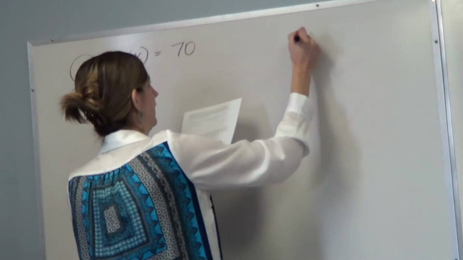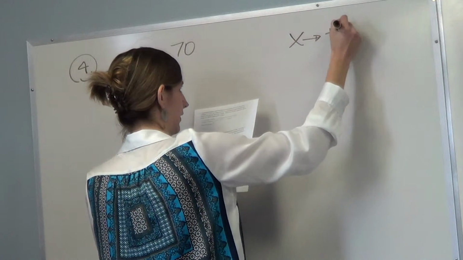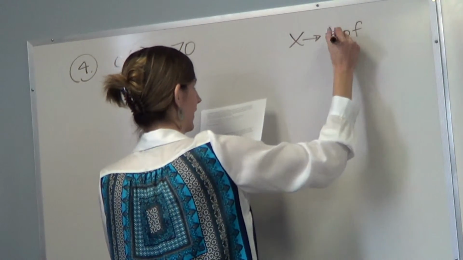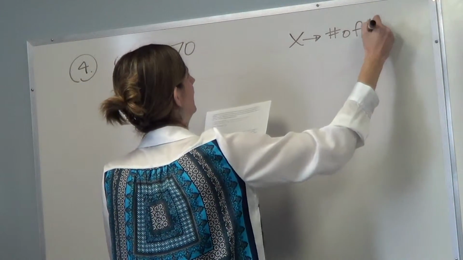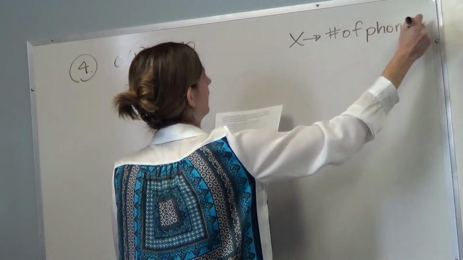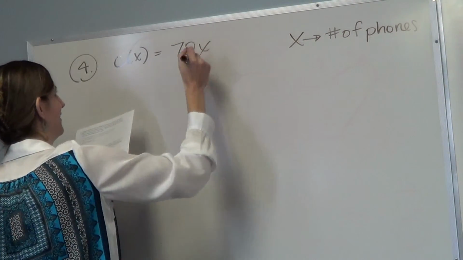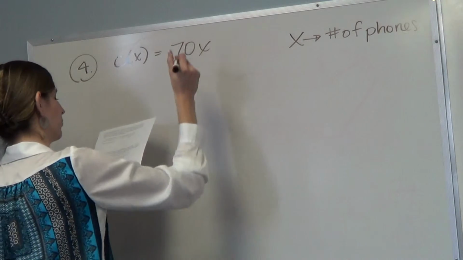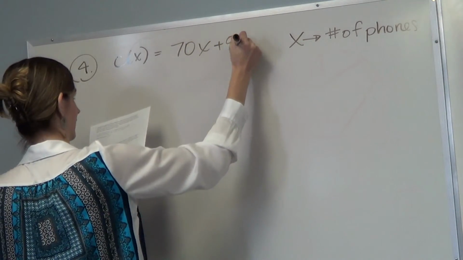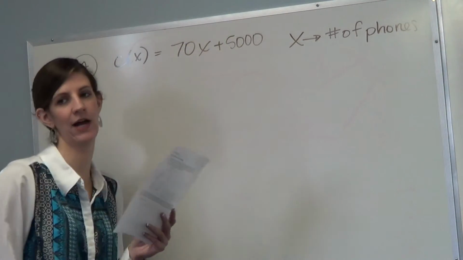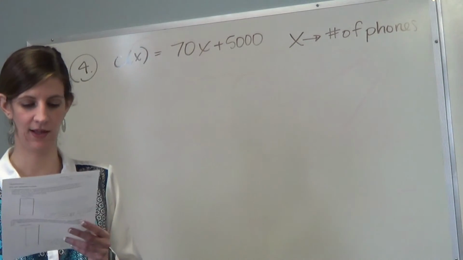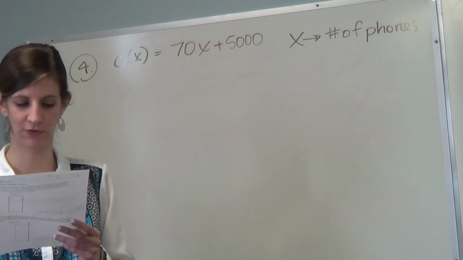So if x is the number of phones, it'd be 70x plus 5,000 in general. It doesn't matter how many phones they make, it's going to cost them that much per day.